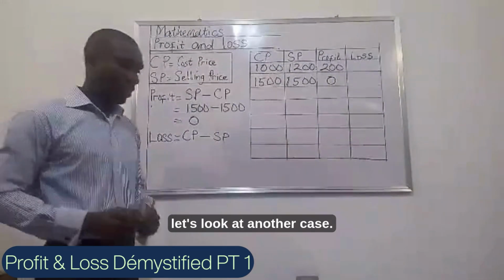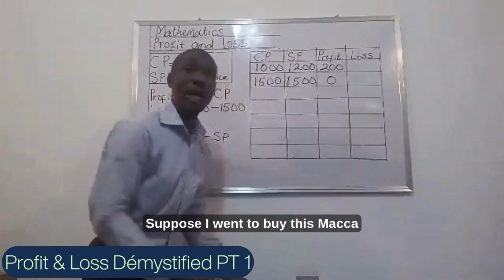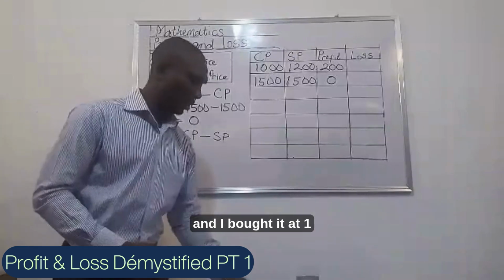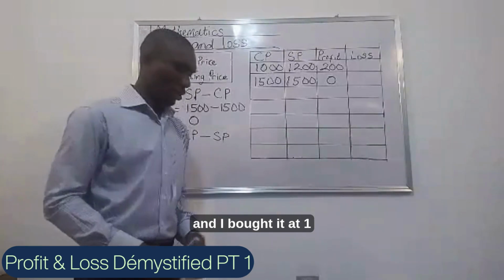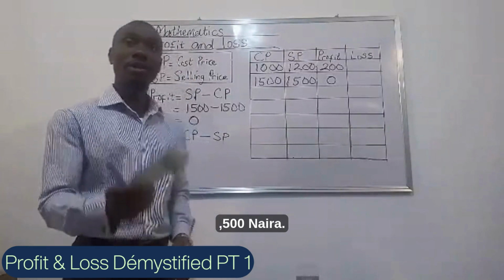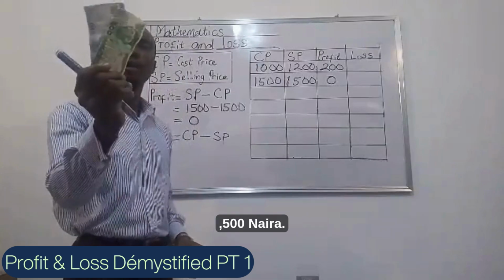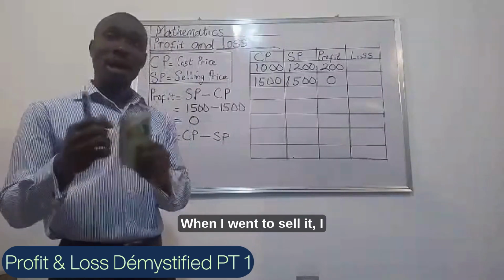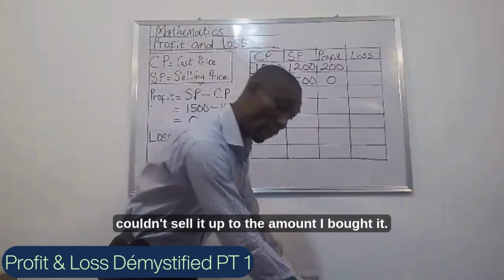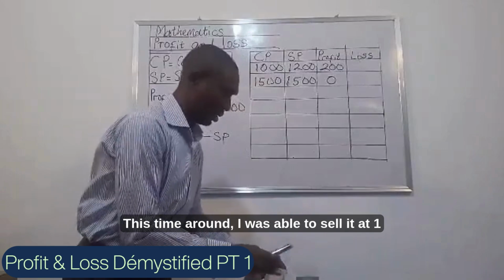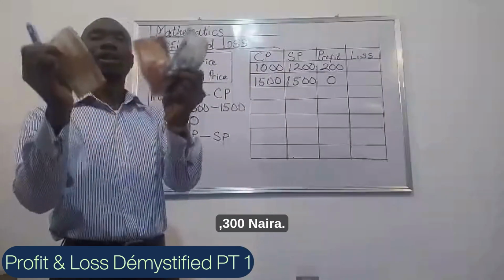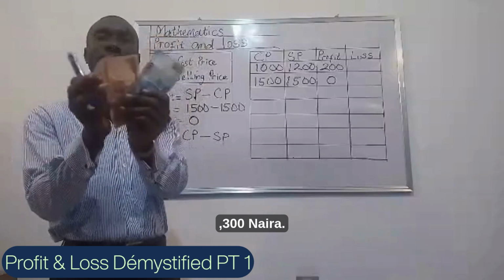Now let's look at another case. Suppose I went to buy this marker and I bought it at 1,500 naira. When I went to sell it, I couldn't sell it up to the amount I bought it. This time around, I was able to sell it at 1,300 naira.